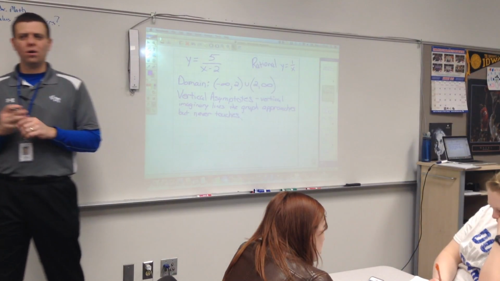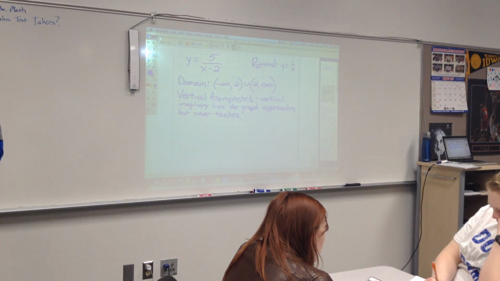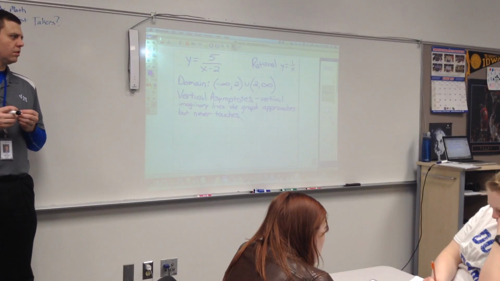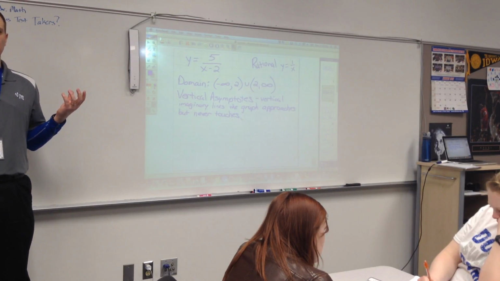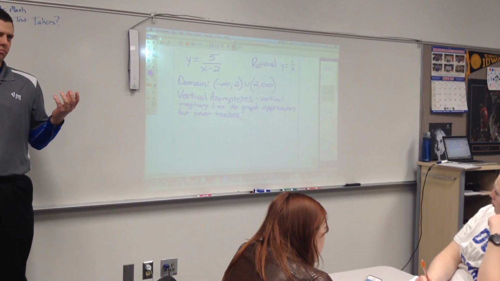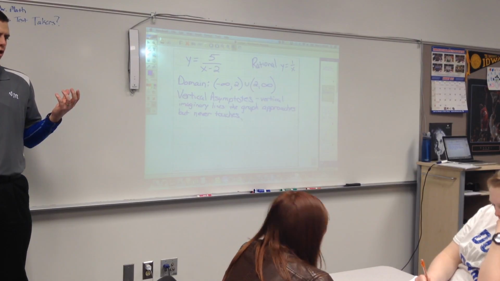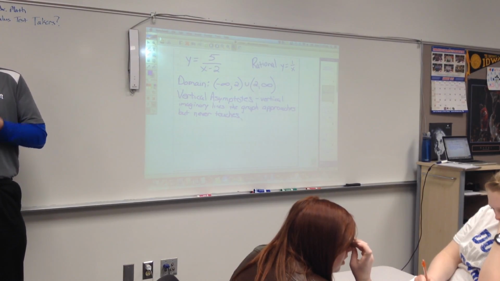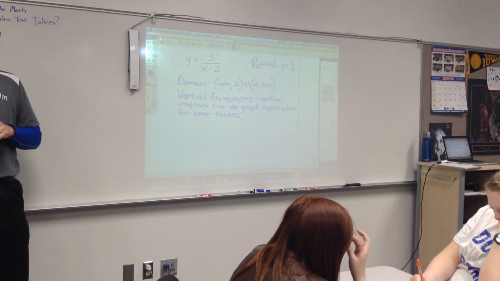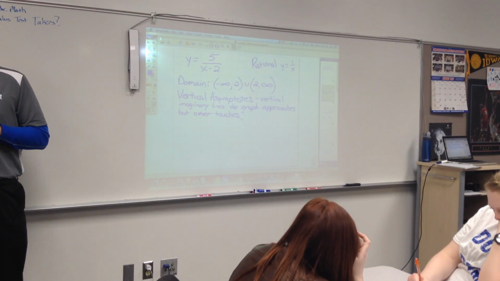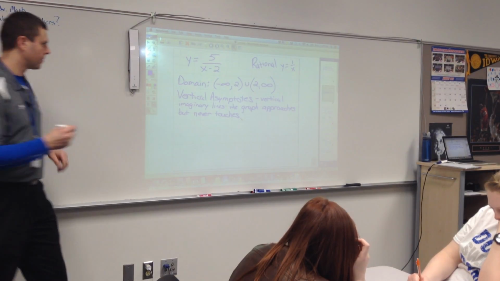And the way to know where the vertical asymptote will be located: figure out what x value makes the denominator equal 0. Whatever x value makes the denominator, the bottom, equal 0, that is where your vertical asymptote will be.